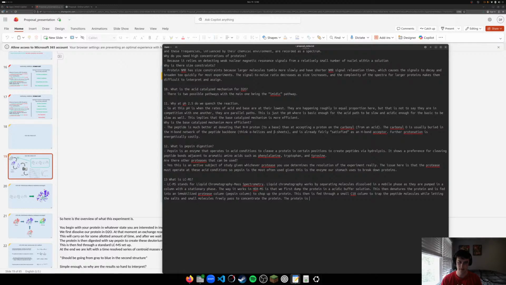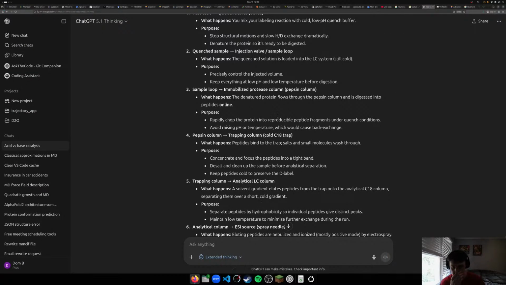The protein is then, I think the term is eluted.